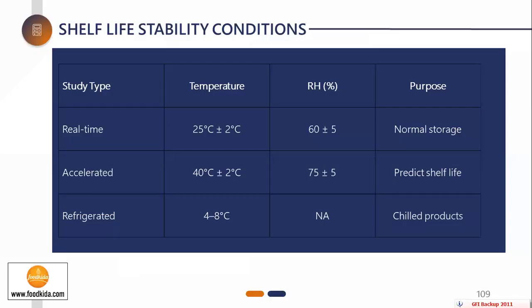It is occasional. Maybe in Rajasthan you will find it in summers, but not throughout 12 months. That's why I'm doing an accelerated study for 3 months, so that I can extrapolate it to a real-time shelf life.